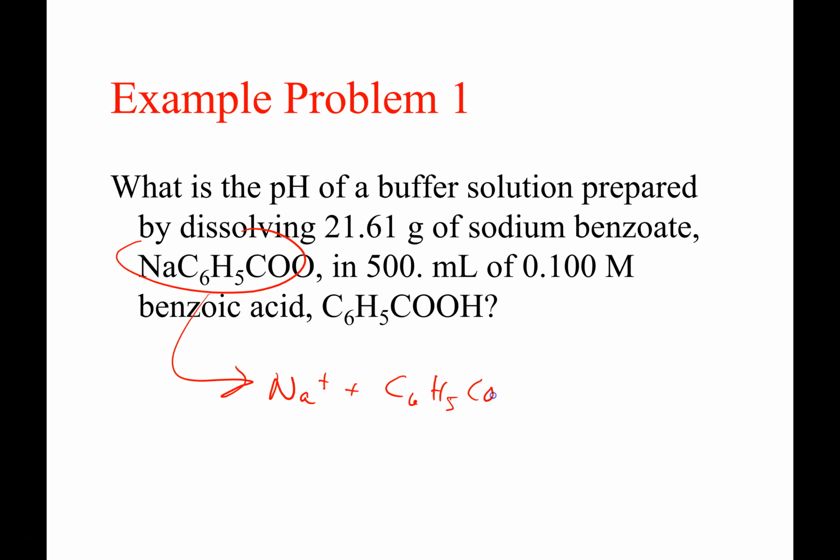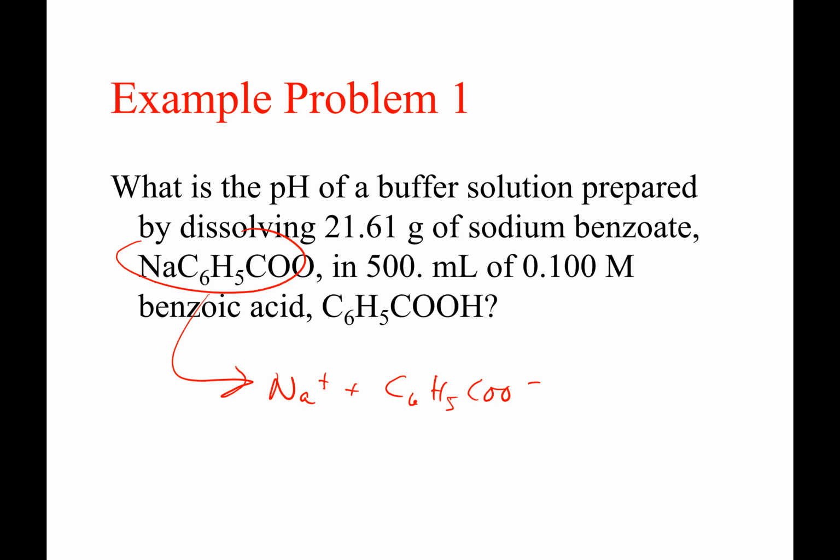Sometimes students will be like, well, how am I supposed to know that? Well, you're in chem food. So it is a one-way arrow. When it splits apart, it's a one-way arrow.